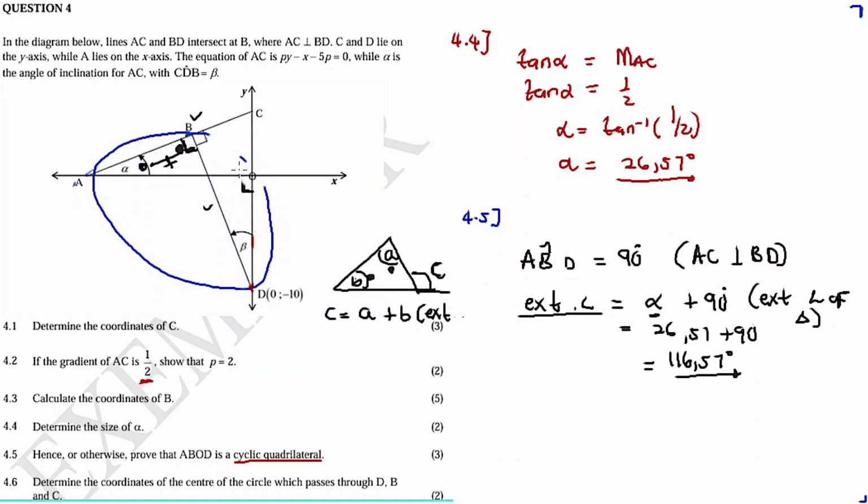Okay? But anyway, why do we want the exterior angle of this triangle? Why do we want this angle? So let me take this angle again. Remember, this is also a triangle. This exterior angle is calculated. It's also an exterior angle of this triangle.